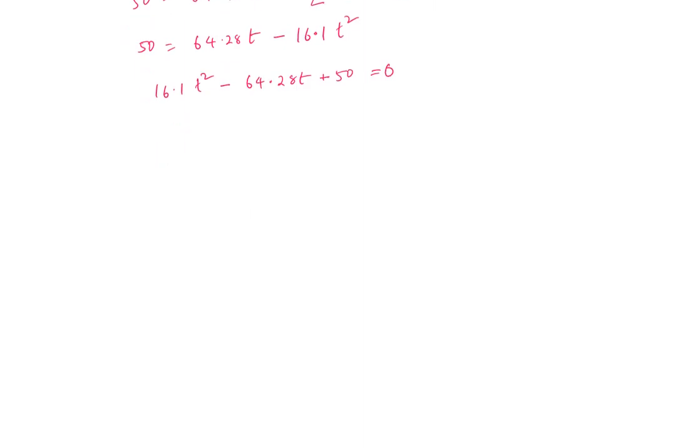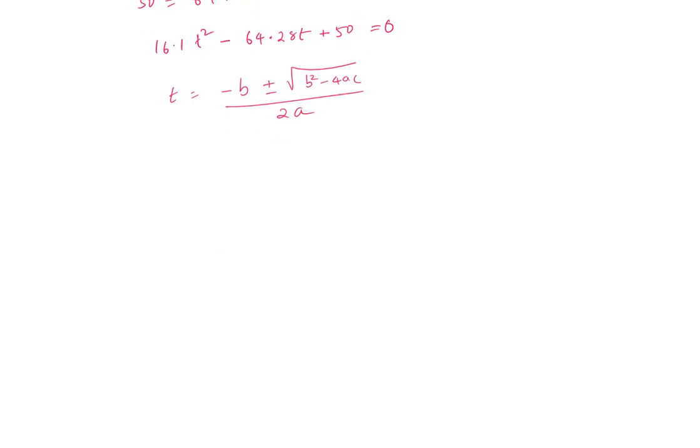So t is equal to minus b plus or minus the square root of b square minus 4ac, over 2a. This is the quadratic formula.